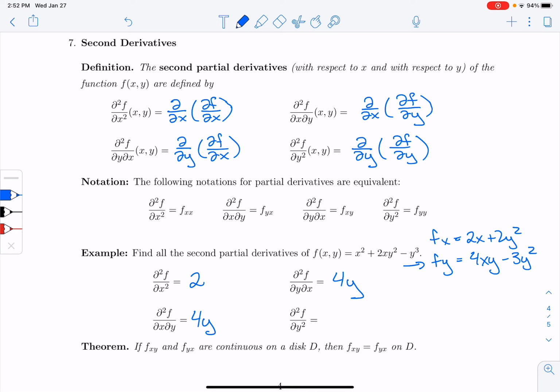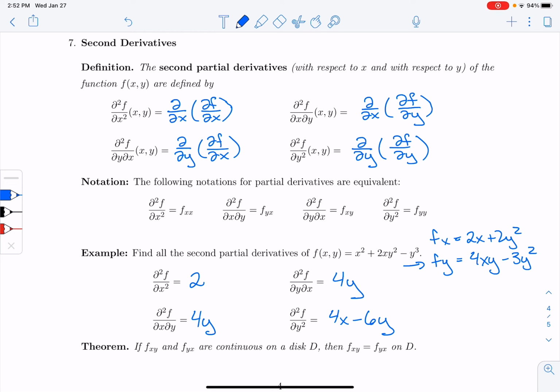And then finally, I'm going to take the derivative of that function with respect to y. That's going to give me 4x minus 6y. So here x is constant, so the derivative of 4xy is just 4x, and then the derivative of 3y squared is 6y. And those are the second partial derivatives of f of xy.